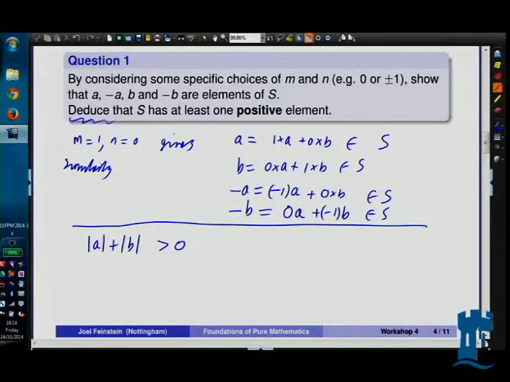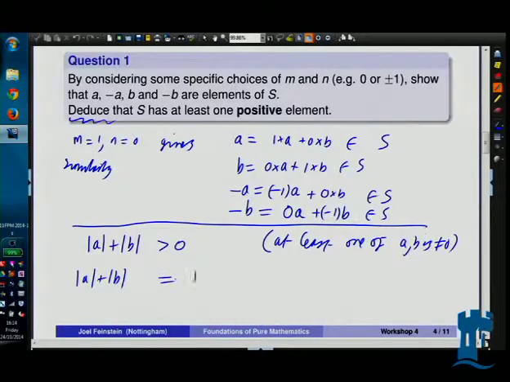I should be deducing it by looking at 4 possibilities. But let's do it slightly differently. Mod A plus mod B is greater than 0 because A and B are not both 0. At least one of A and B is not 0. And mod A plus mod B is, well, it's plus or minus A plus or minus B, but I don't mean that they have to be the same sign, right? And that's going to be in S as well.